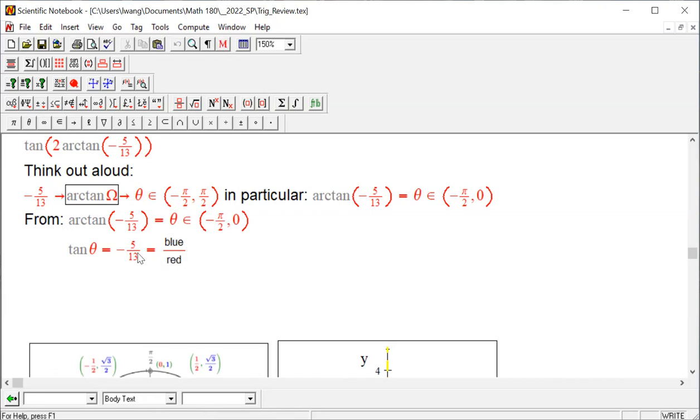So blue is going to be negative and red is going to be positive. That tells us the blue is negative because we're in the fourth quadrant, and the red is going to be 13, positive.